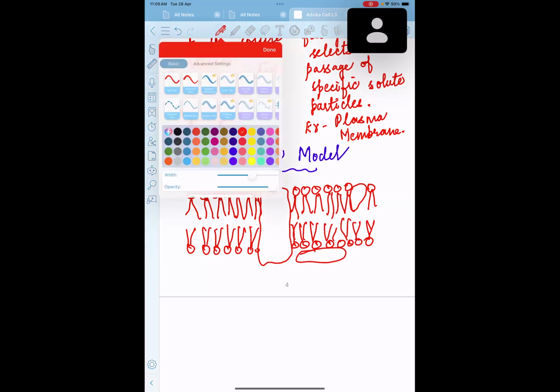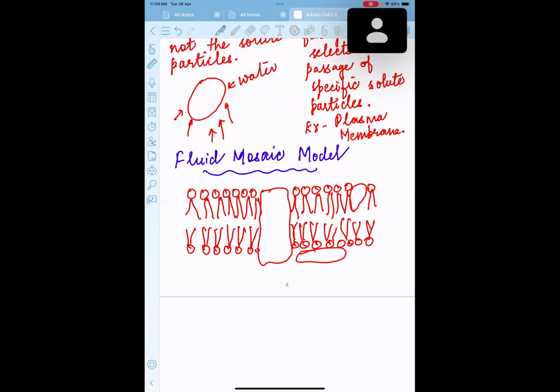Now, if I talk about the labeling, this head, the circle part, is the hydrophilic head.